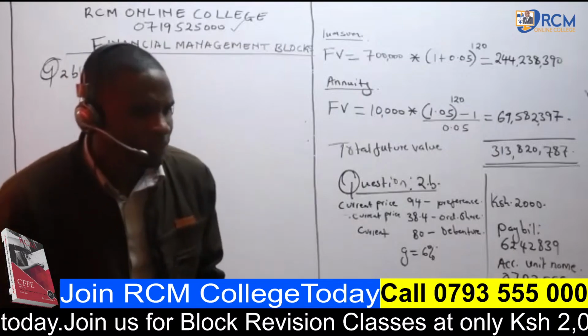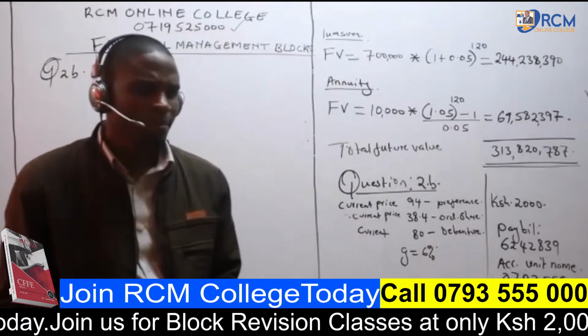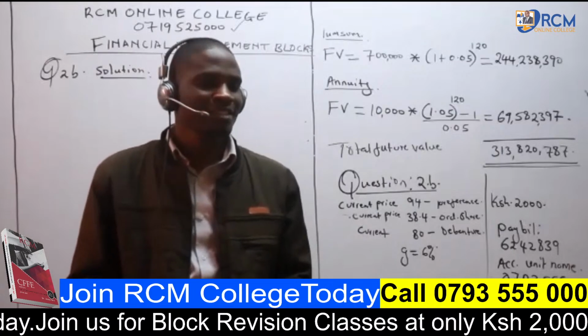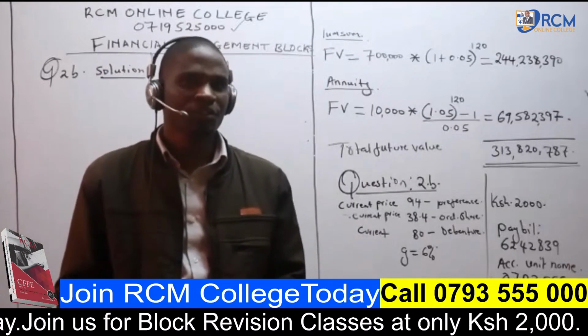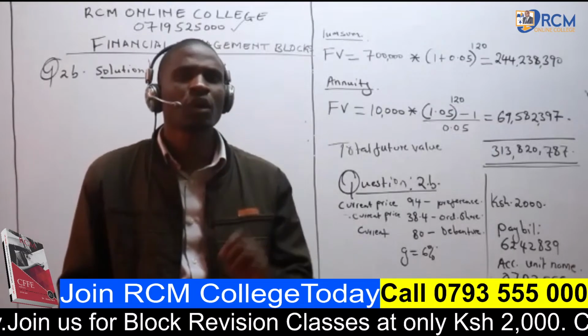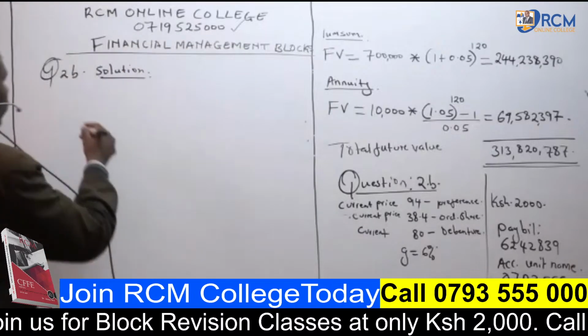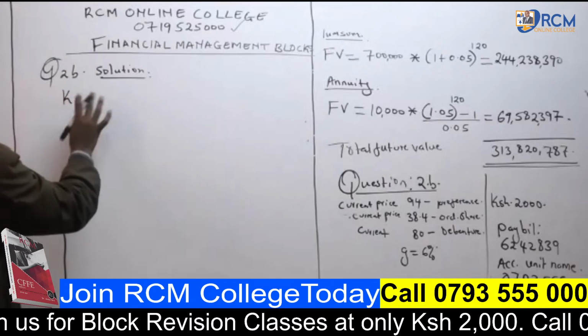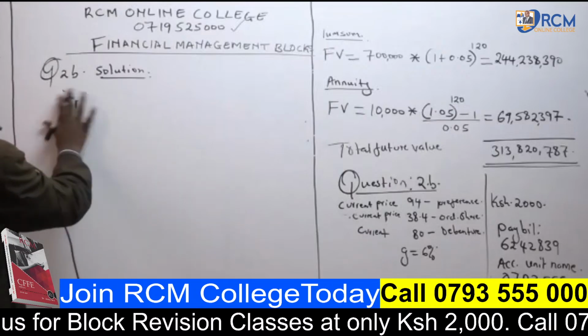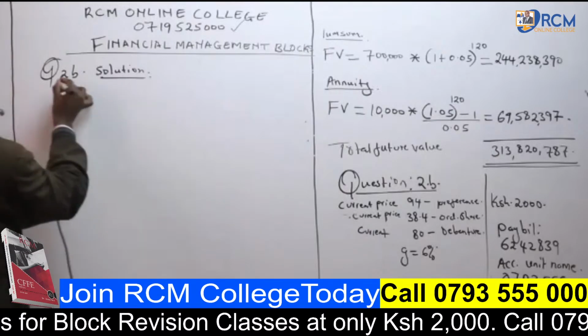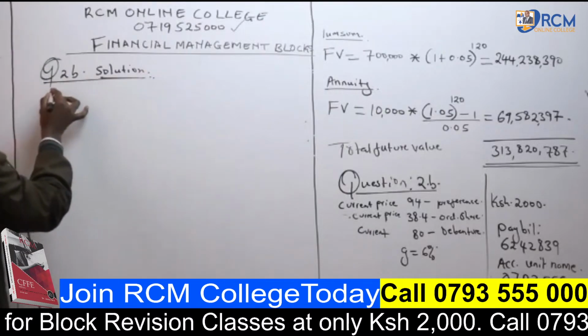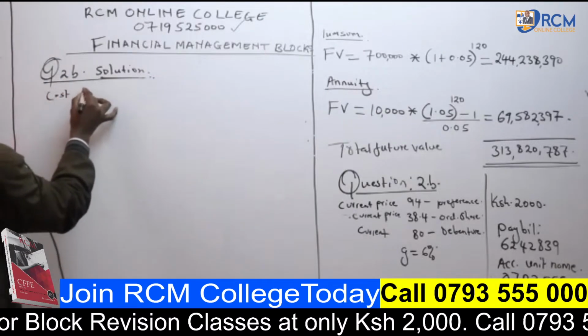I can see people saying KP. That is the abbreviation, the symbol for our cost of preference share. So KP is what you are finding here. I can just write the whole name so that we are able to see cost of preference share.